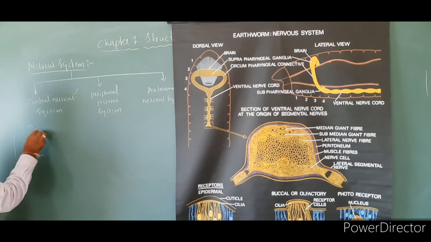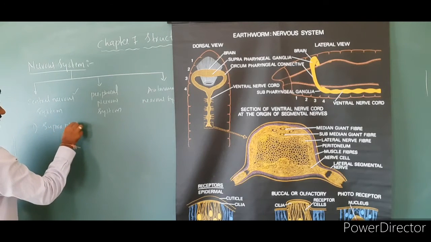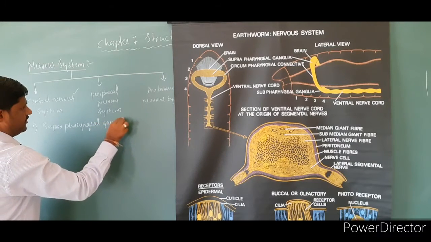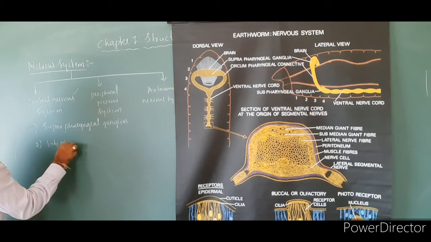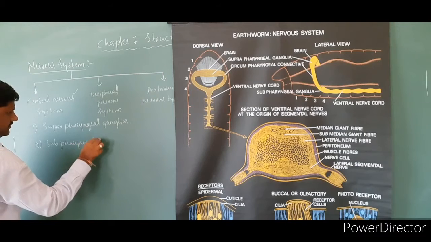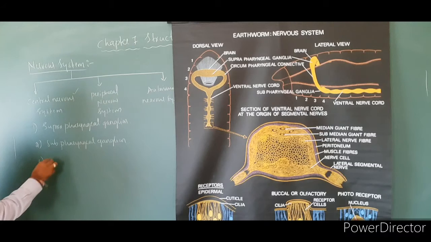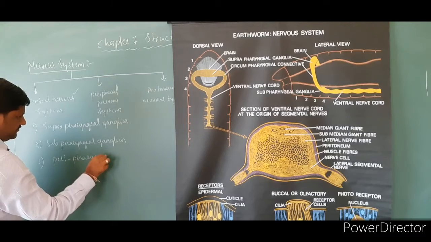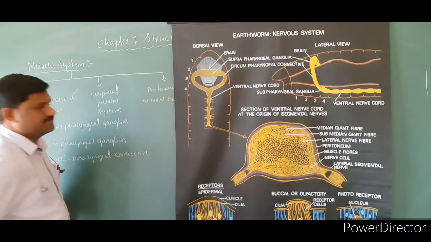So the central nervous system mainly consists of the major parts: first one is the suprapharyngeal ganglion, the second is the subpharyngeal ganglion, and the third one is the peripharyngeal connectives, right?